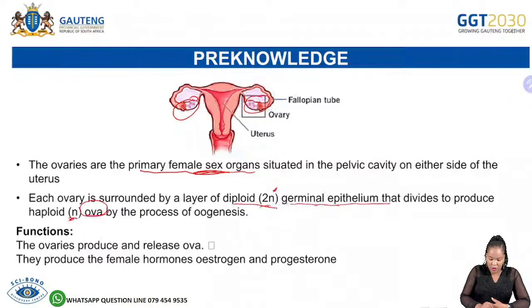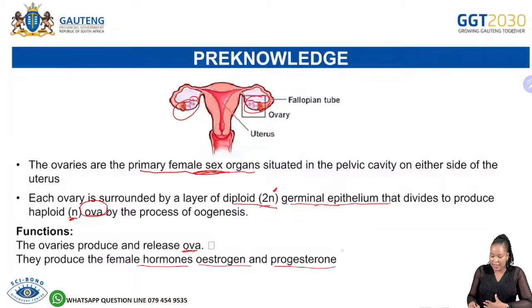You also learned that the functions of the ovaries are to produce and to release ova. Without the ovaries, we cannot have ova being released and produced, because the follicles have to work in producing this ova. They also produce the female hormones, estrogen and progesterone. So these are the functions of the ovaries.